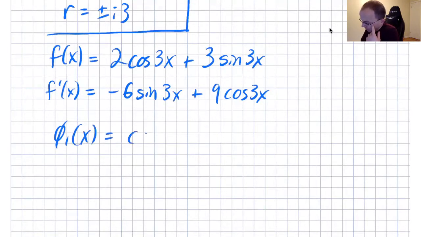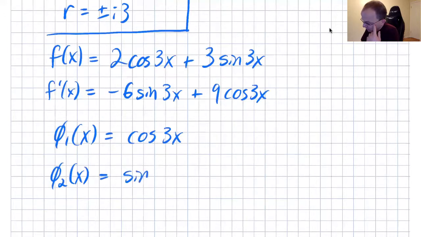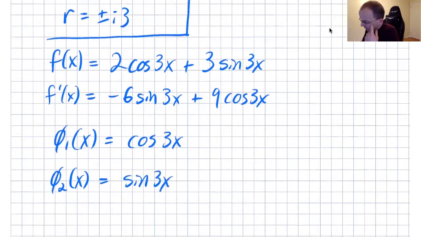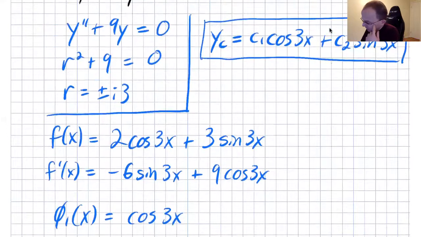So I'll have cosine 3x, and we have sine 3x. But now, if we look back up here, we see that both of those are actually solutions of the homogeneous equation.